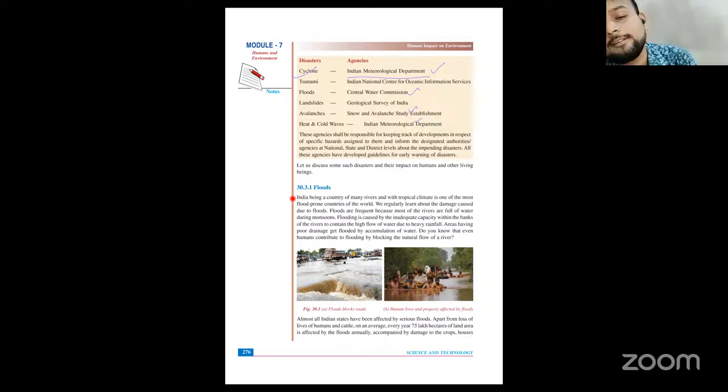So you can understand it like this. Flood also occurs, like in Jodhpur, if one bucket of rain comes, then Jodhpur is flooded because there is a bad drainage system here. One bucket is enough to flood Jodhpur. That's the problem.